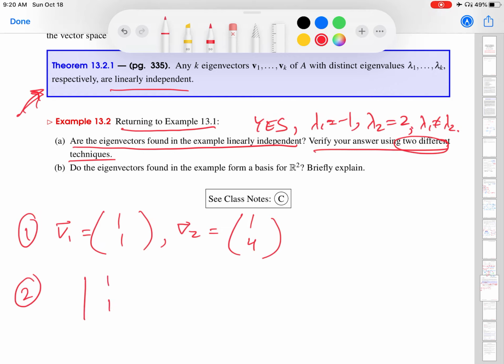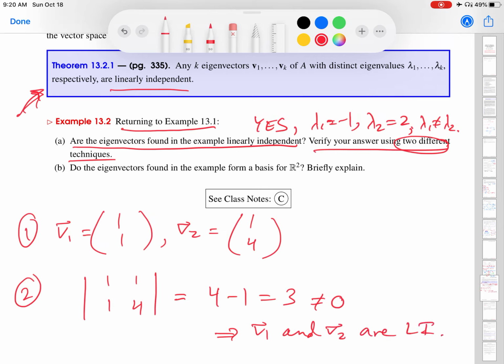If I put these vectors into a matrix and use them as columns of the matrix, remember we talked in the previous lesson how if I take the determinant, which in this case is 3, and verify this is not 0, then indeed the vectors that form the columns of this matrix are linearly independent, right?